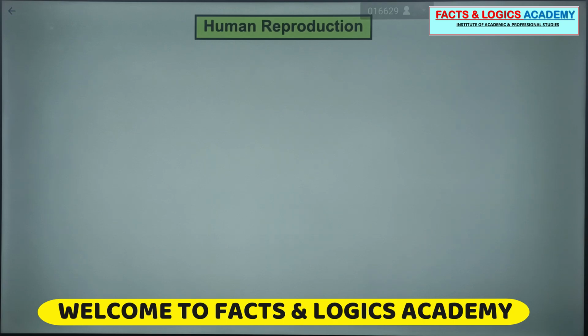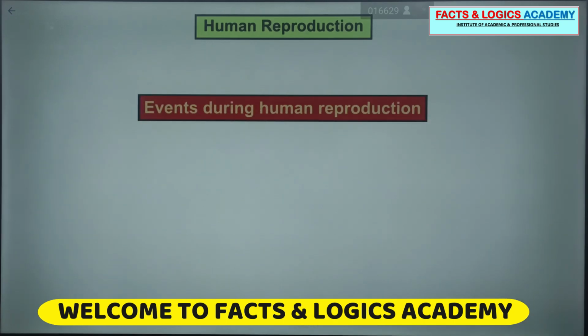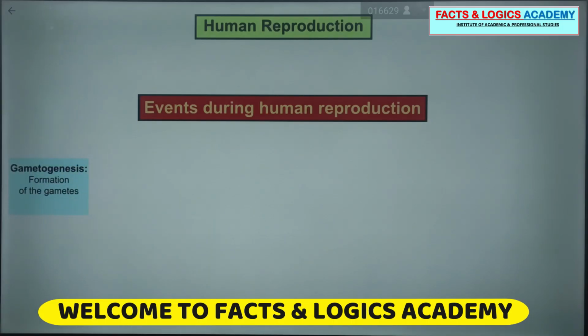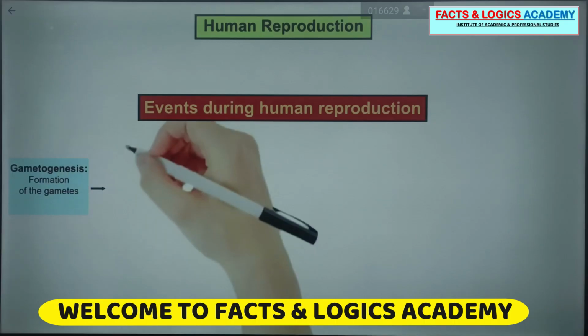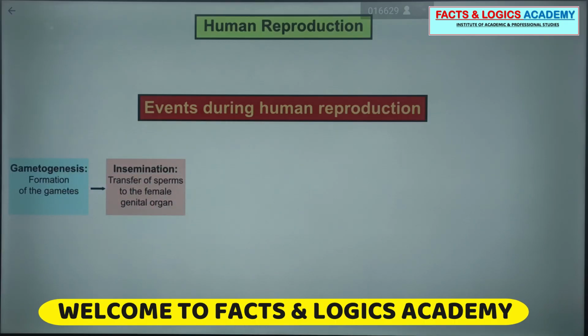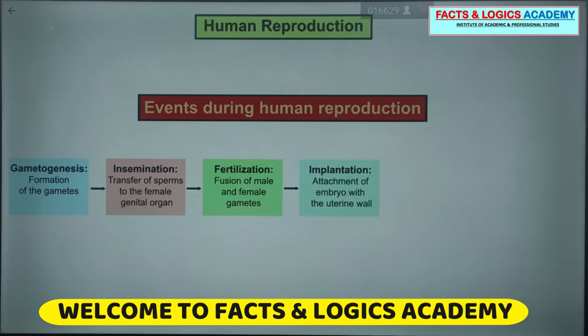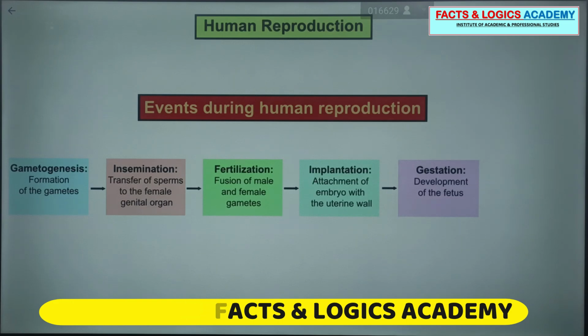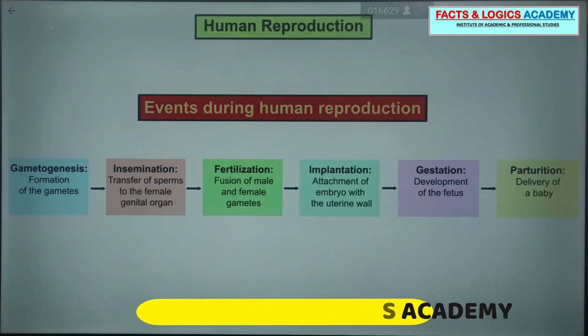Here, let me tell you that reproduction in humans is a series of events, including gametogenesis, which means formation of the gametes, insemination, that is, transfer of sperms to the female genital organ, fertilization, that is, fusion of male and female gametes, implantation, which means attachment of embryo with the uterine wall, gestation, that is, development of the fetus, and lastly, parturition, which means delivery of the baby.